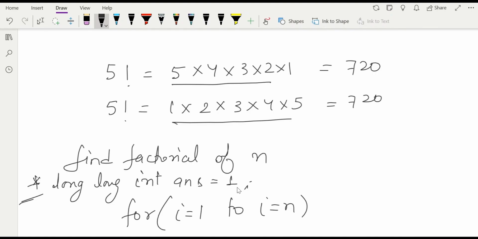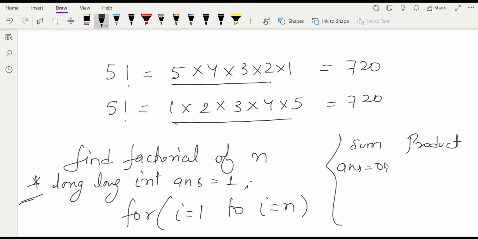Why have I taken 1 and not 0? This is the key point that you have to remember. In some programs you have to do the addition or find the sum, but in other programs you have to find the product, meaning multiplication. Whenever you are finding a sum, you initialize a variable with the initial value of 0.